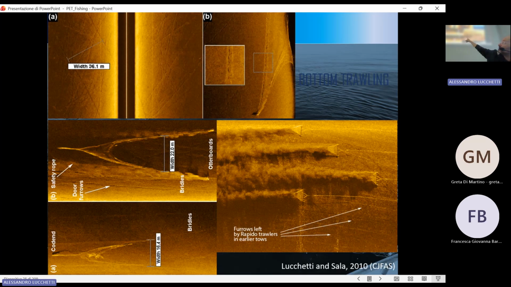Here you can see the bottom trawl and also the cloud raised by the 2 doors. But here they are the 4 rapido trawls, and here you can clearly see the impact of this type of gear on the bottom.